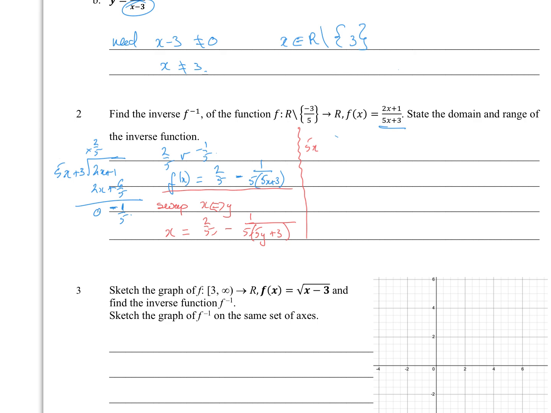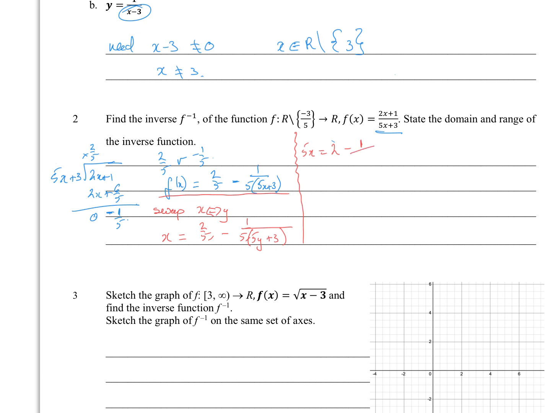5x equals 2 minus 1 over 5y plus 3. Maybe I might take the 1 over 5y plus 3 onto the left-hand side, and that becomes 2 minus 5x.